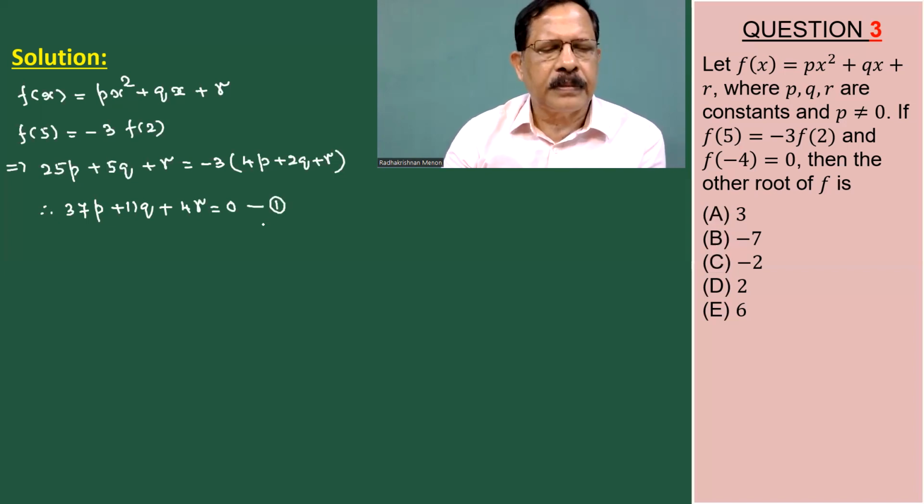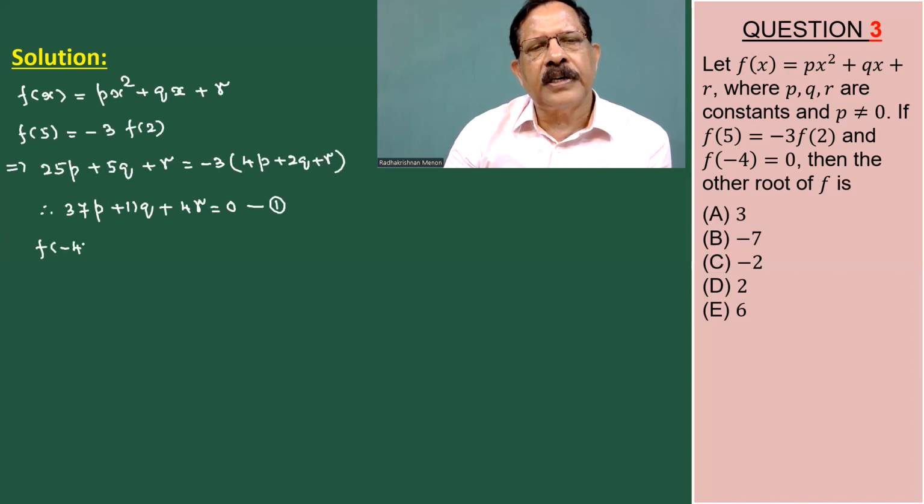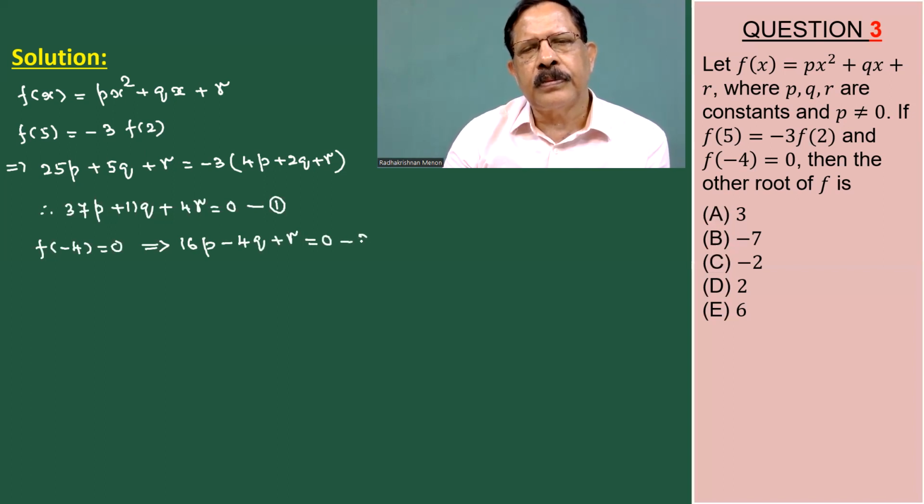Equation 1. Also, f of -4 equal to 0. Put x is equal to -4. So we are getting 4 squared is 16p minus 4q plus r is equal to 0. That is equation 2.